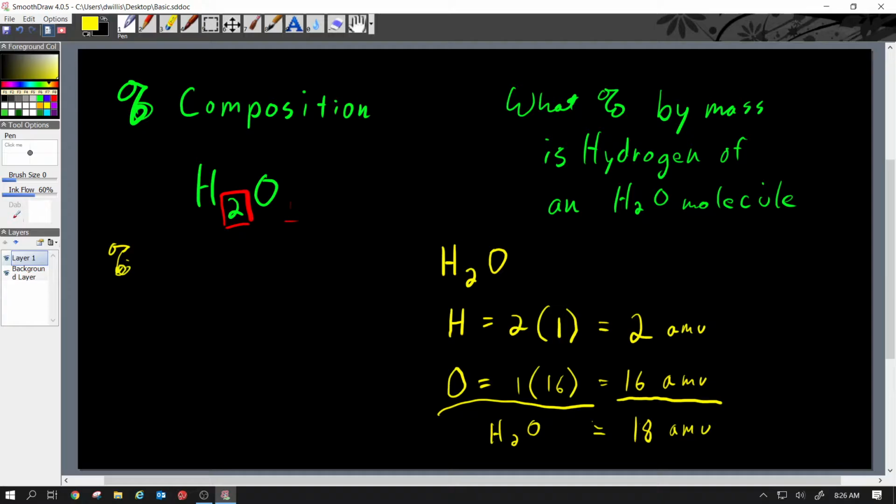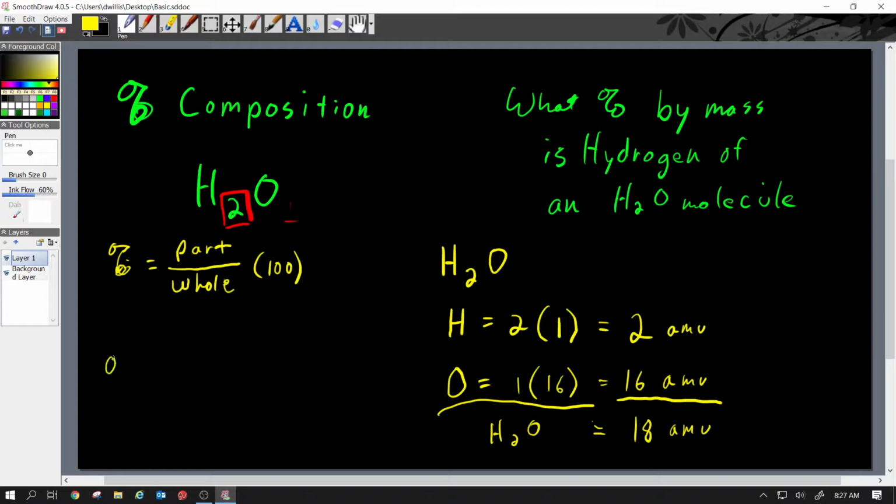So we know that the percentage is the part divided by the whole, times 100. My handwriting, not so much today. So if we want to find a percentage, it's going to be the part divided by the whole and multiplied by 100.